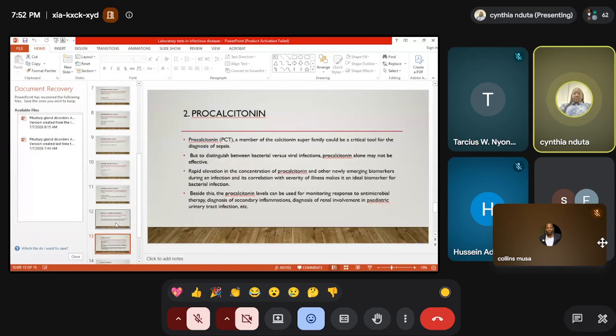The other biomarker is procalcitonin. This is a very, very useful biomarker. Okay, it is a member of the calcitonin superfamily. It is very critical, especially in the ICU setting. If you want to distinguish between bacterial and viral infections, this is one of your most reliable biomarkers.